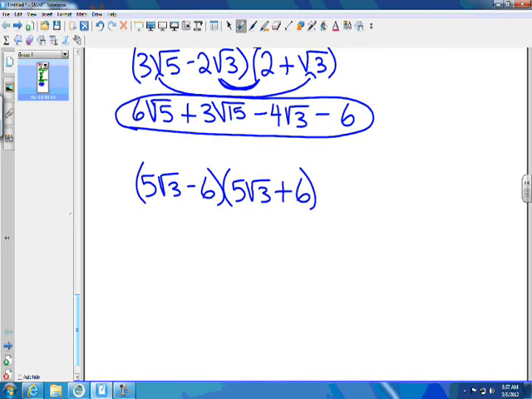We're multiplying binomials, FOIL. But does anybody notice anything special here? Or remember anything that we've done in the past, or what those two things are called? What's the only difference between the two? Plus and minus. Nobody remembers?